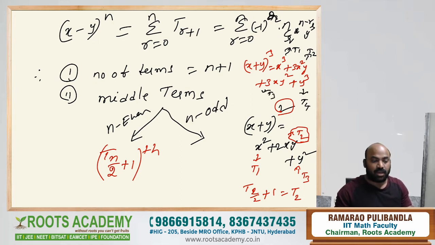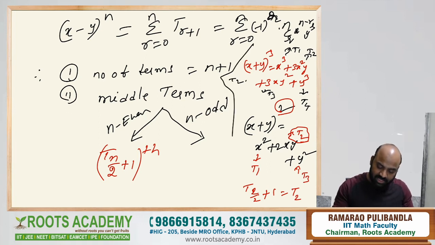So when n is odd, we have 4 terms, T1, T2, T3, T4. How many middle terms are there? When I move in from both ends, T1 and T4 go away and we have two middle terms, which are T2 and T3.